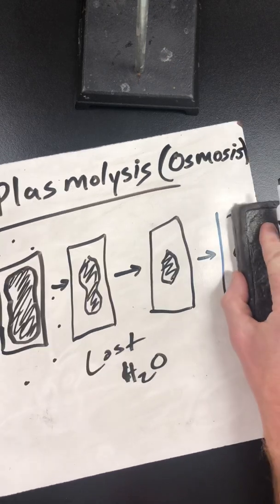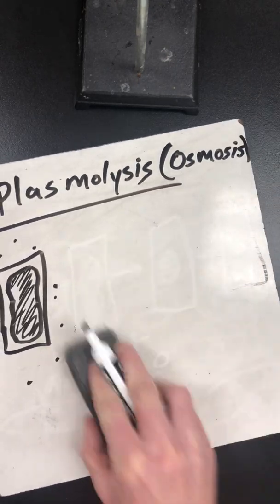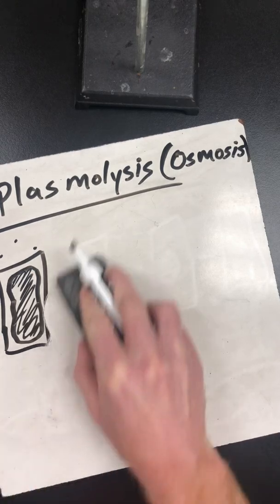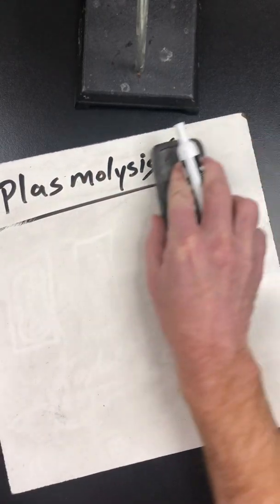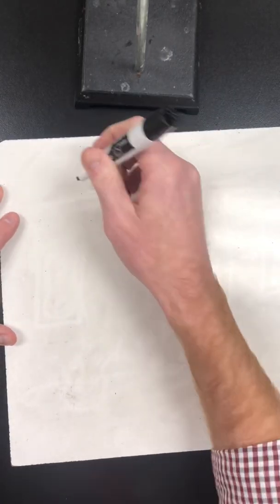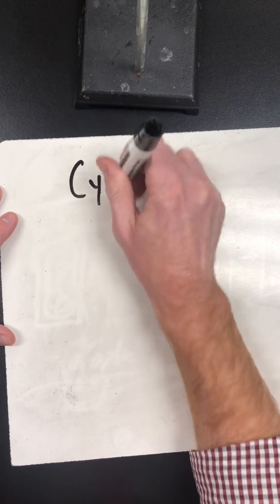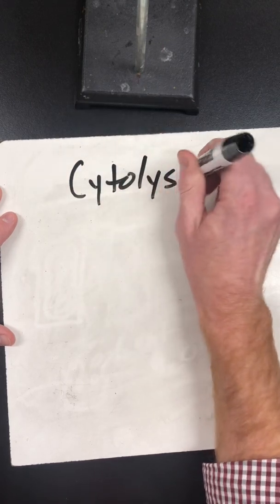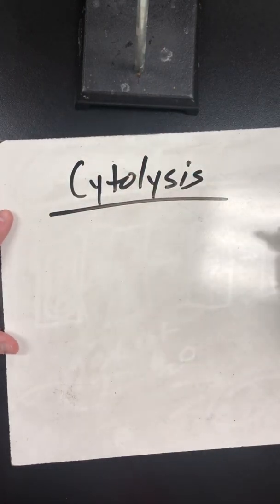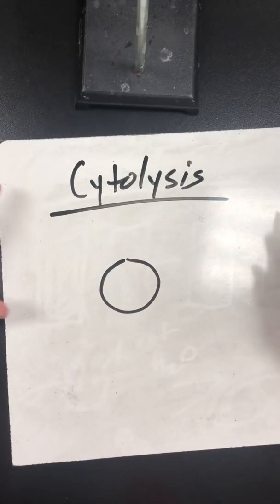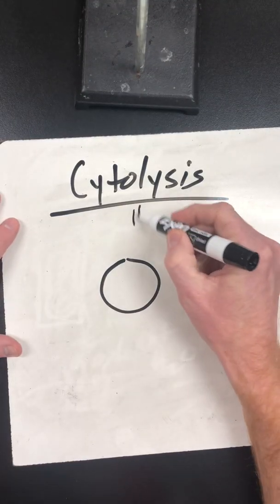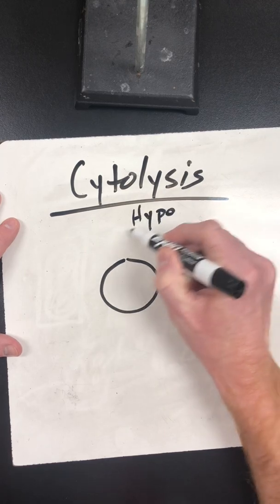So that's plasmolysis. Now, plant cells want to be surrounded by a hypotonic environment. They constantly want water coming into them to fill that vacuole to make them really strong, okay? But cytolysis, if I just have an animal cell, let's say it's our blood cell, and I place it into a hypotonic environment, okay?